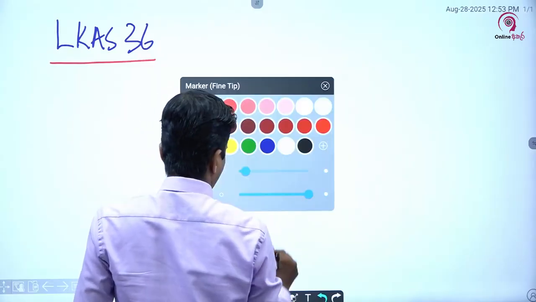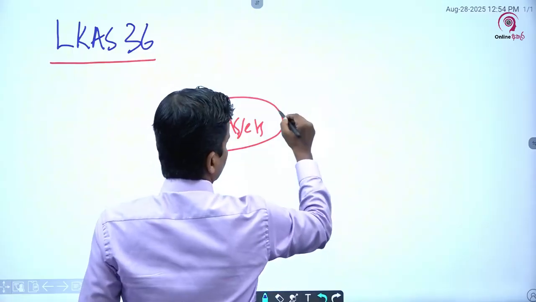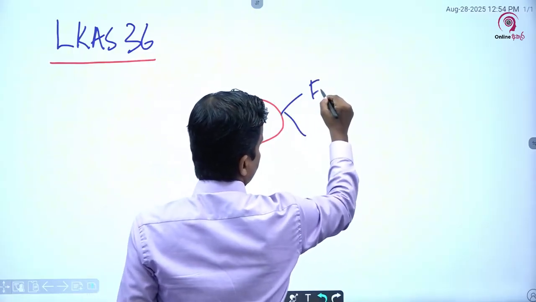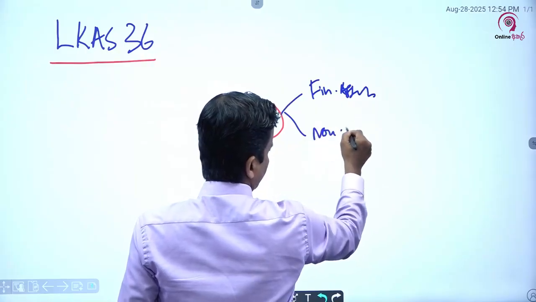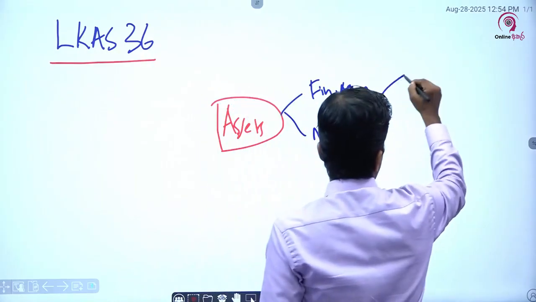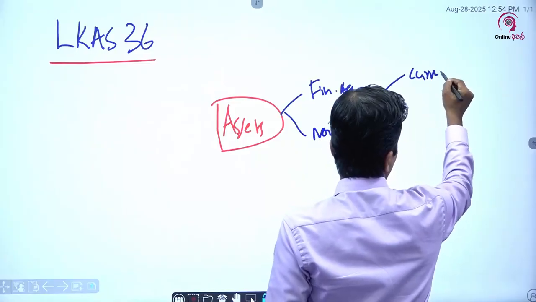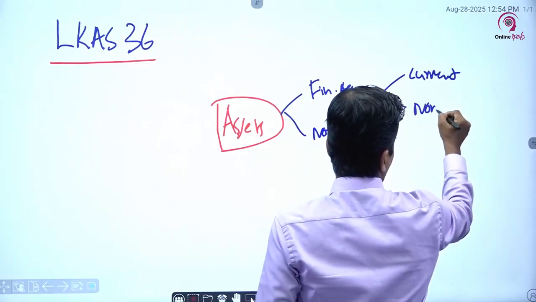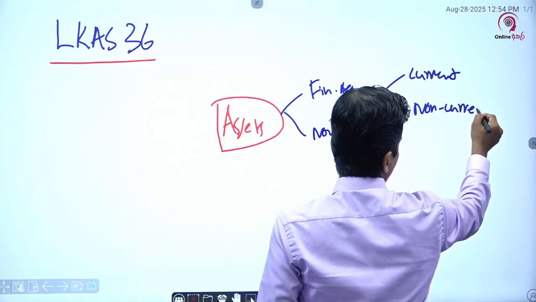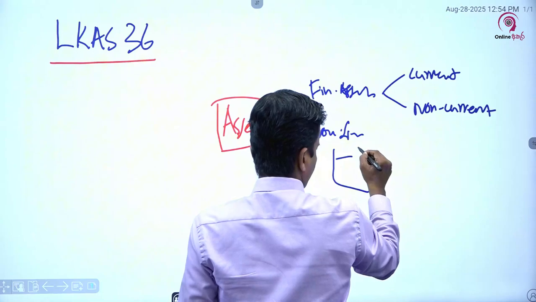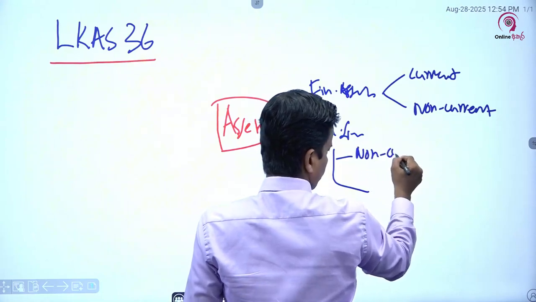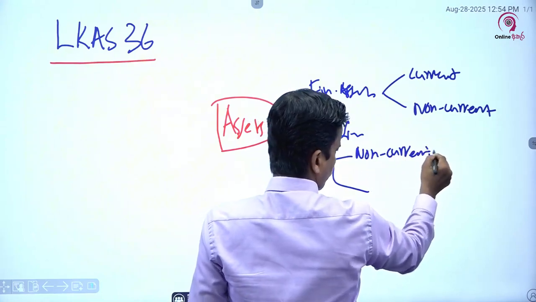So assets, you have, let's say, financial assets and non-financial assets. Financial assets, you have current, you have non-current, right? Likewise, non-financial assets, you have non-current, you have current.